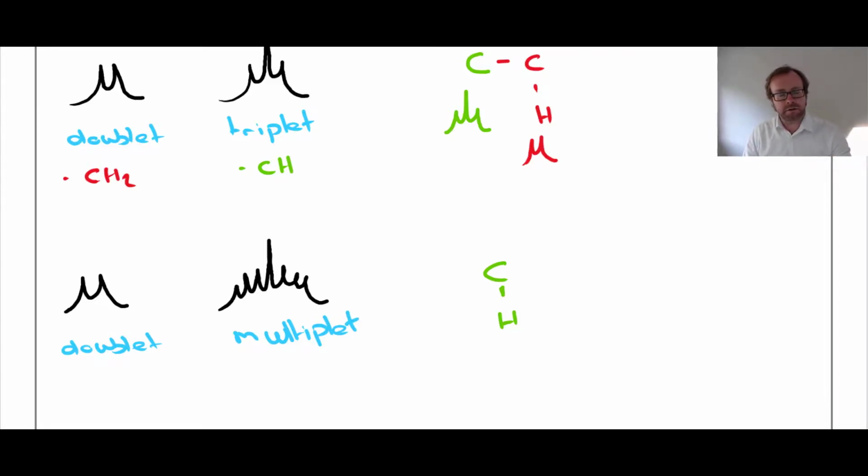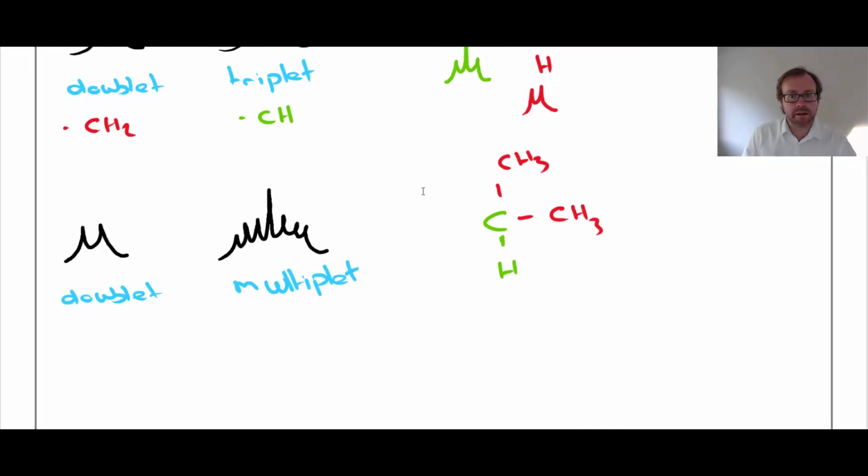Now I know that I can't have more than 3 hydrogens on one carbon. Therefore, to get a multiplet, I must have some equivalent proton environments.